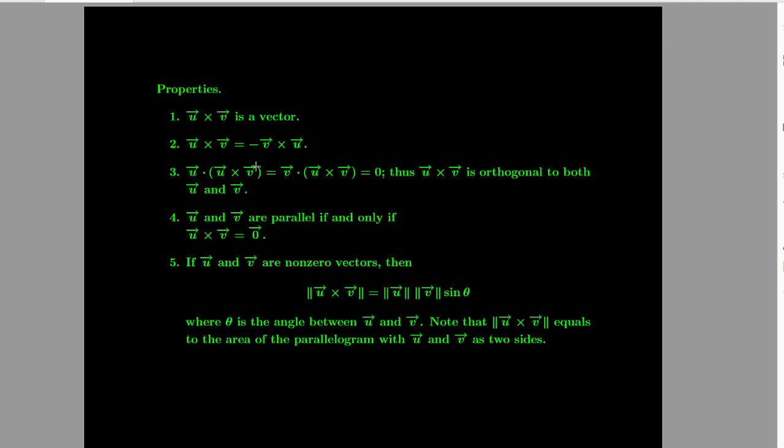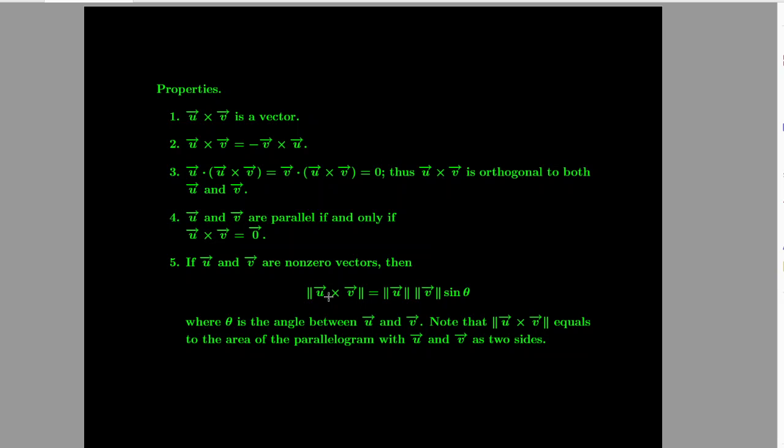Okay. Now look at the property. U is perpendicular to u cross v. V is perpendicular to u cross v. So we have mentioned the property already. Actually, more precisely, we can talk about the cross product. Now look at number 5. When defining a vector, we need to talk about the length and the direction, right?